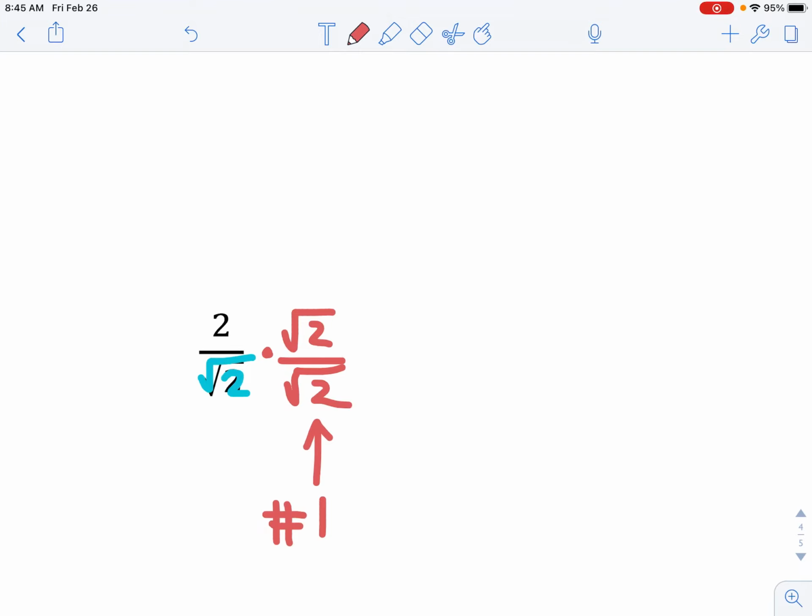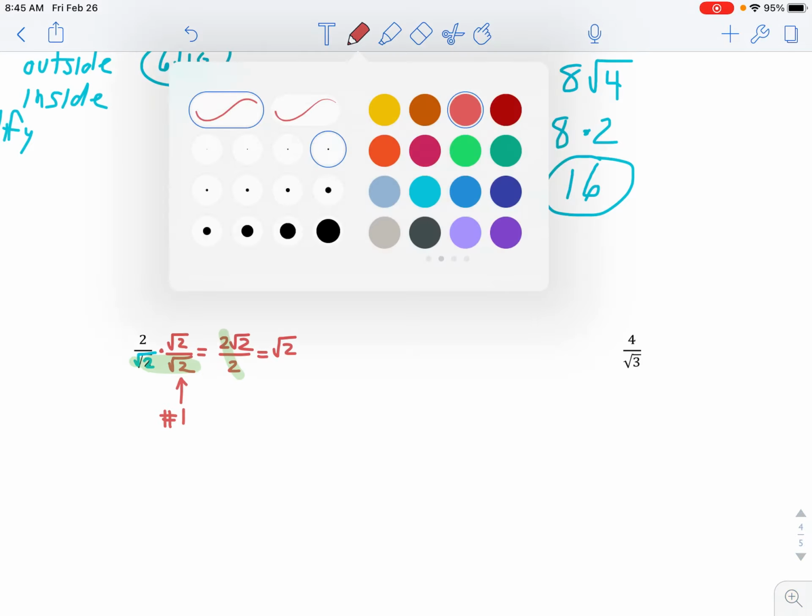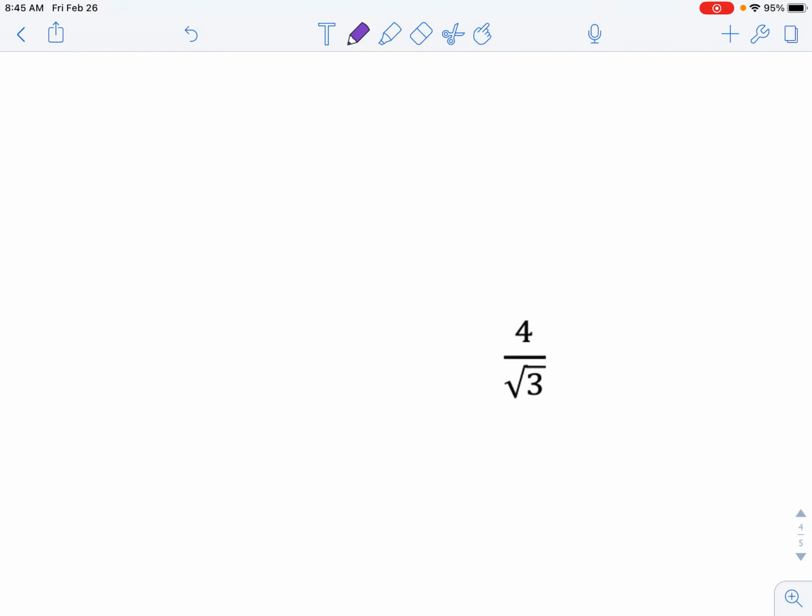So you pick what's in the radical, which is radical 2. Then you do radical 2 over radical 2, and then multiply straight across, 2 radical 2. And then something we have to be good at is knowing that radical 2 times radical 2 is regular 2. And then you want to simplify again, 2 over 2, and that's just radical 2. So that's why we rationalize the denominator. It can make the number a little bit more familiar, easier to deal with, and other reasons.